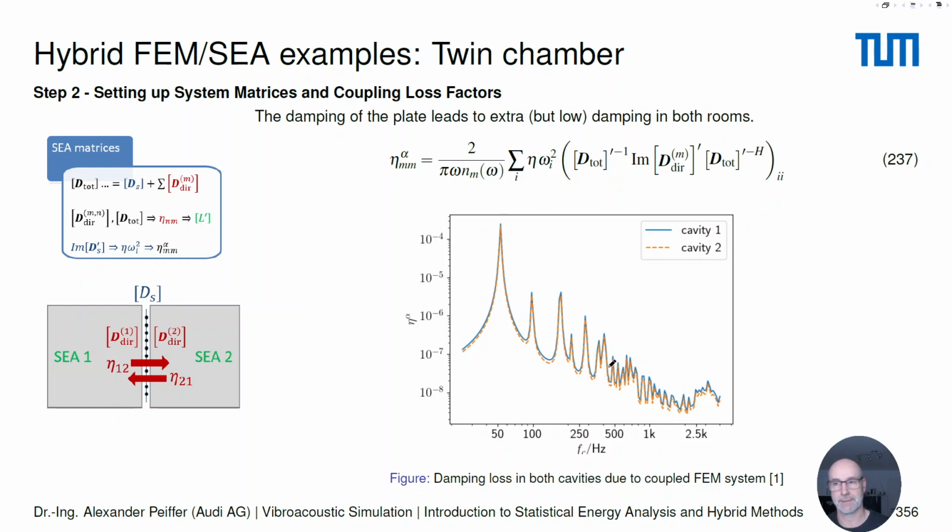But that makes sense because it is the damping in the plate, which has a damping loss of 1% here. That's what we assumed. And on top of that, it just has to be coupled to the cavity, meaning that the damping must be low. However, it can be considered. And it is more or less the same in both cavities, because the modal density is somewhat similar in both rooms.